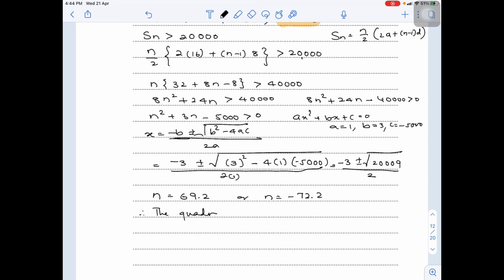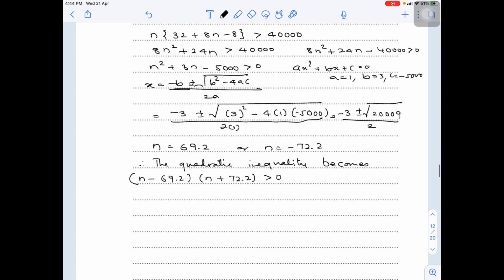We can use a calculator for that. So the quadratic inequality becomes n minus 69.2 and n plus 72.2 is more than 0. So the critical values are n is 69.2 and n is negative 72.2.